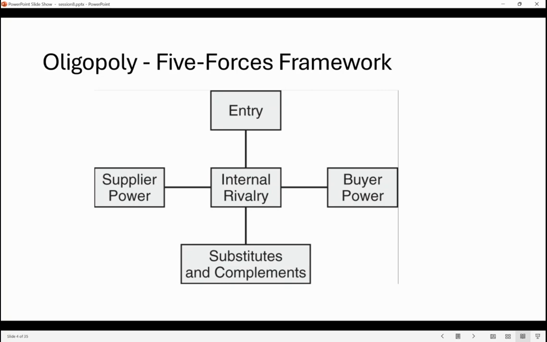For example, in the case of trucking and railways, these are two different industries, but they are substitutes for each other, right? So what's the market structure in trucking would impact the market structure in railways, right? This is also the case for complements. What is the market structure for the complement product of an industry, right? That would impact the market structure of a good.